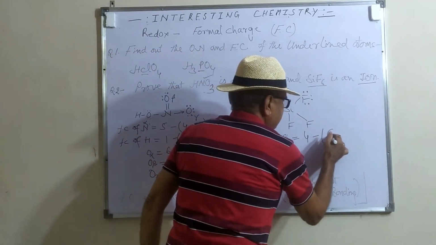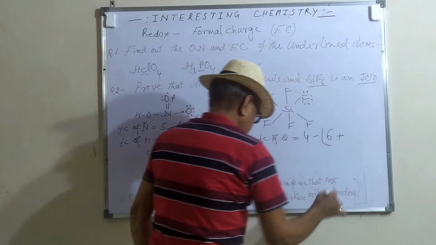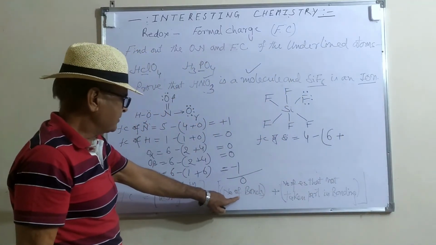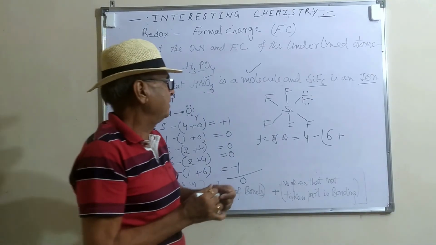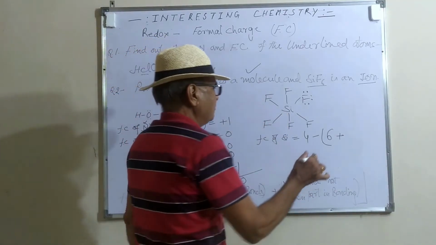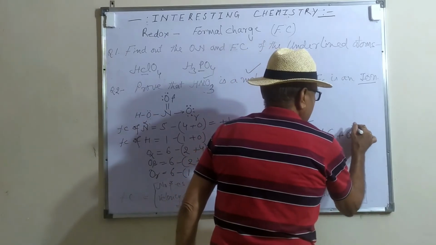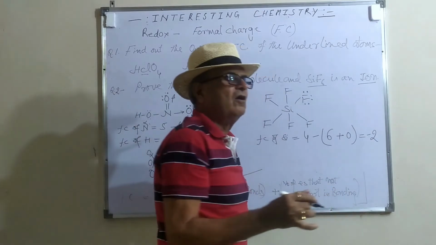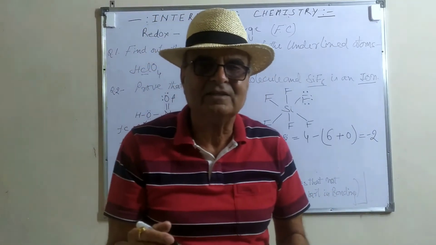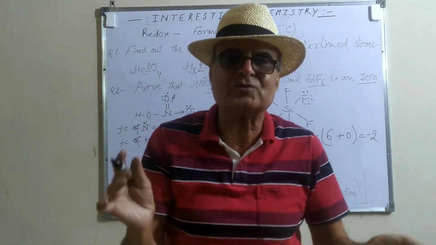So you write here 4 minus 6 plus the number of electrons that haven't taken part in the bonding, nil, 0. So here the formal charge on Si is -2.